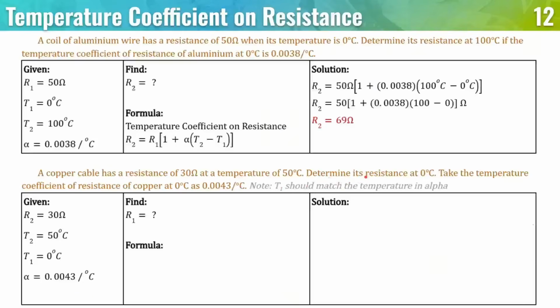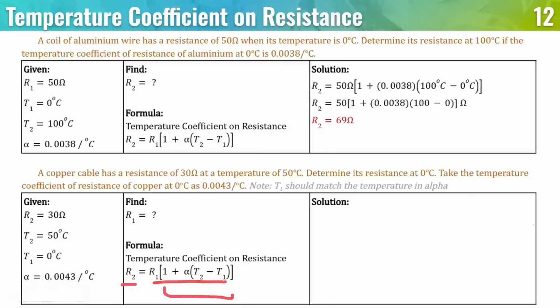So we have to determine its resistance at 0 degrees Celsius. Note from the formula that R1 is actually not on the other side, so we are solving for this. If we want to solve for R1, we must divide both sides of the equation. So we can rearrange it to be R1 is equal to R2 all over 1 plus alpha times the change in temperature.